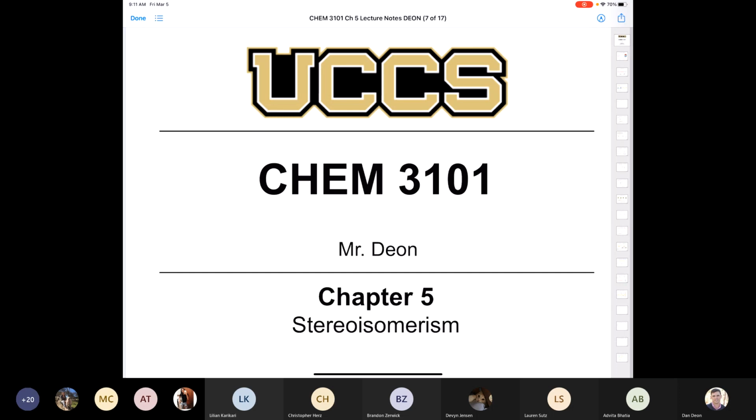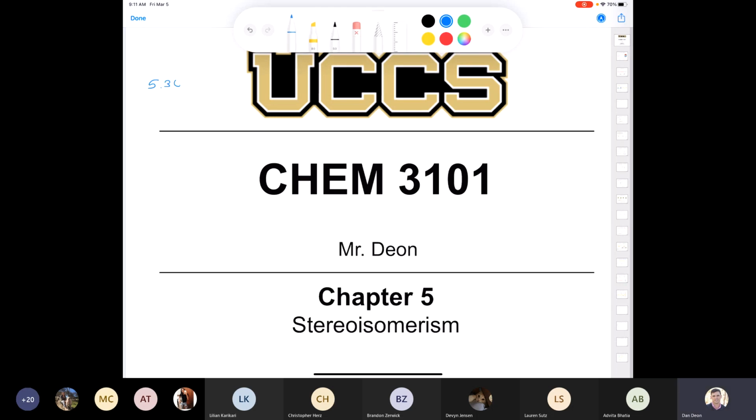Since we didn't have a ton of time, questions like 5.36. Okay, and I'm not saying that this is the only thing that's important, but where you have to determine the relationship between two compounds. Are they constitutional isomers? Are they stereoisomers? Are they diastereomers? Are they enantiomers? Right? You need to be able to determine those.